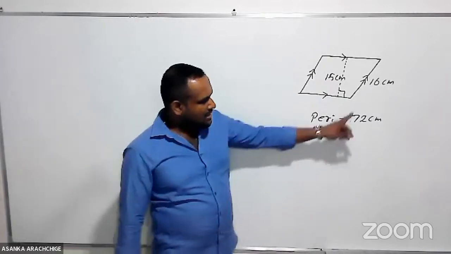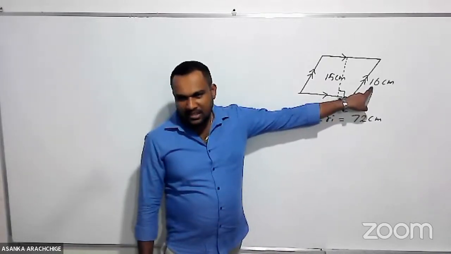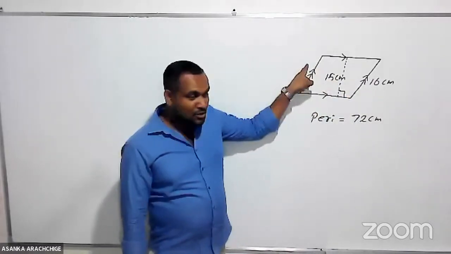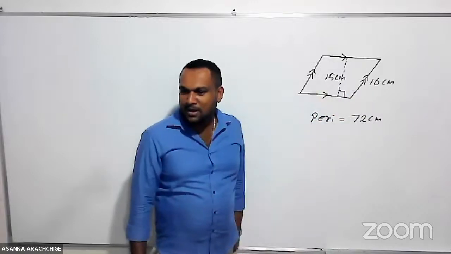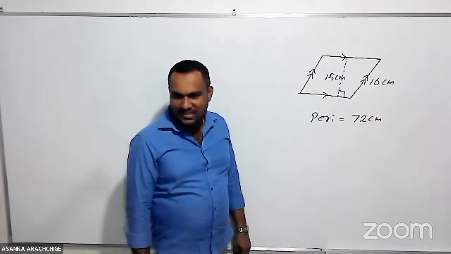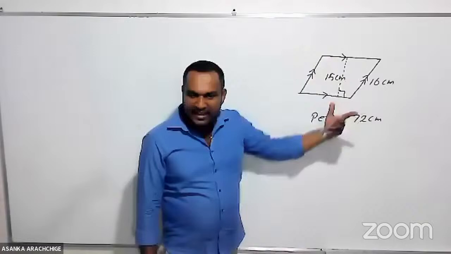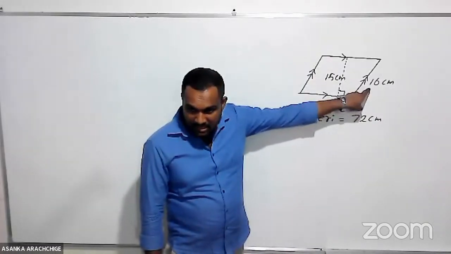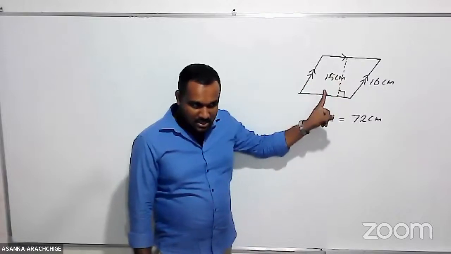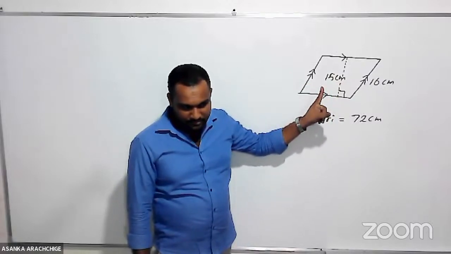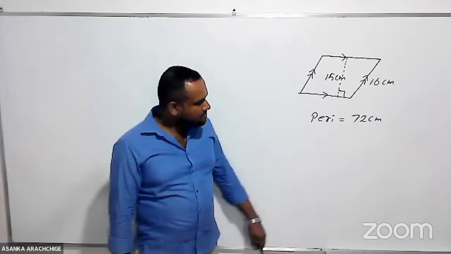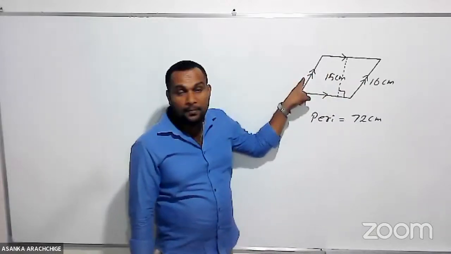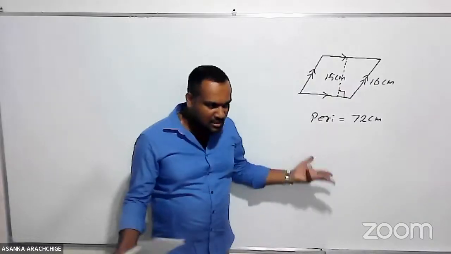If we take this side as A, H must be the perpendicular distance between this side and its opposite side, but that is not given.